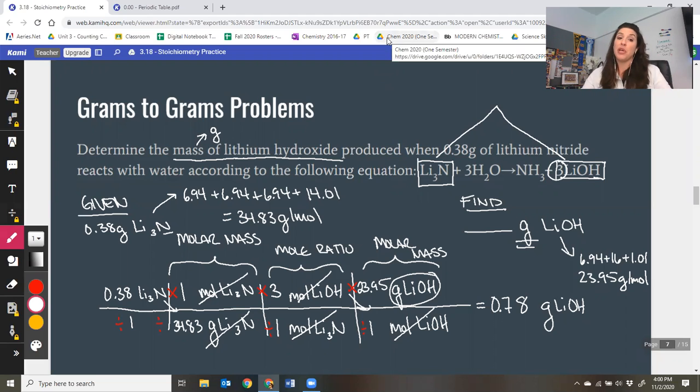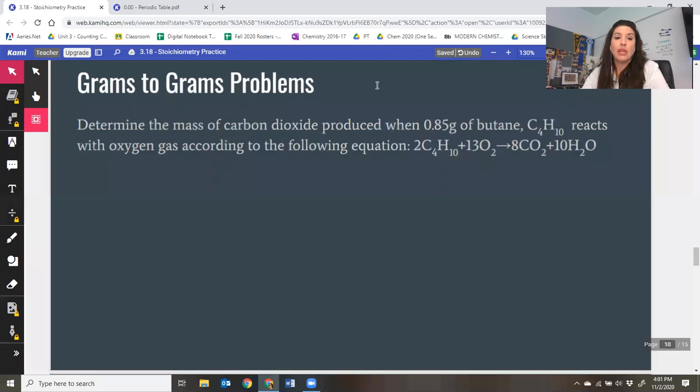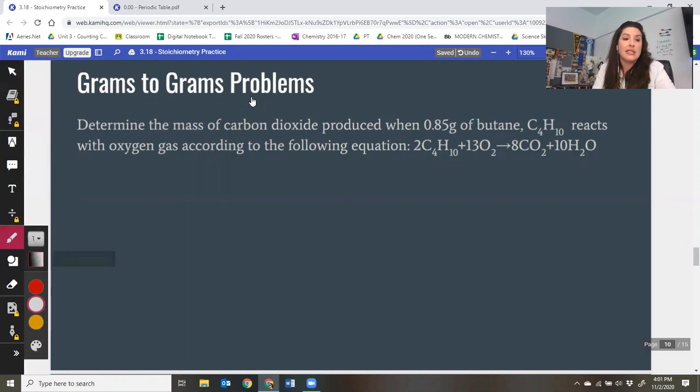So we've got a lot more gram to gram problems to try. So I want you to try the next one on your own to start. Determine the mass of carbon dioxide, so that is CO2, produced when 0.85 grams of butane, and that's C4H10 right here, reacts with oxygen gas according to this equation.